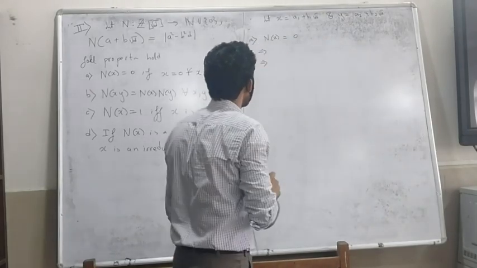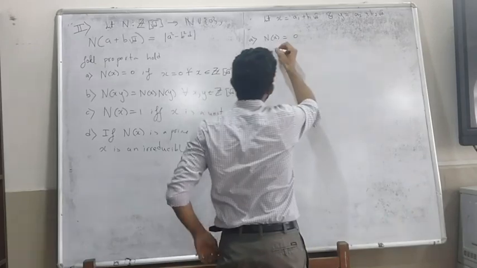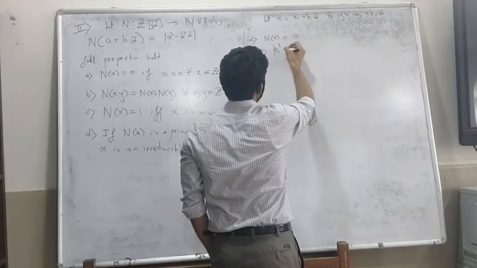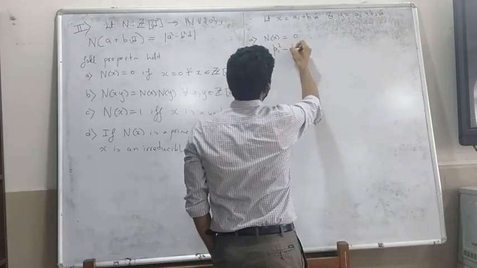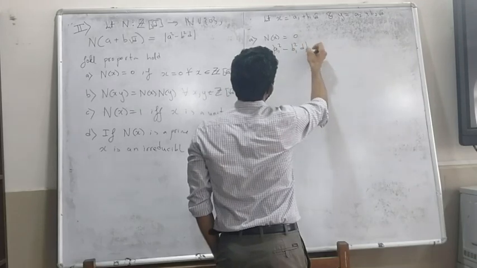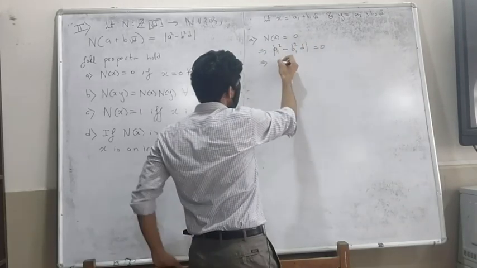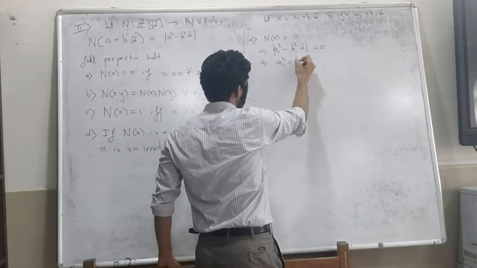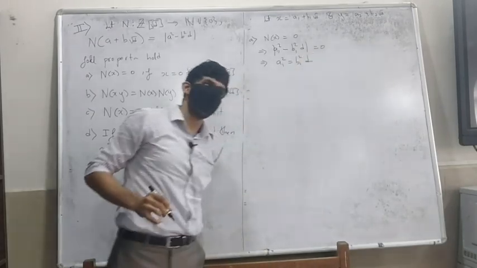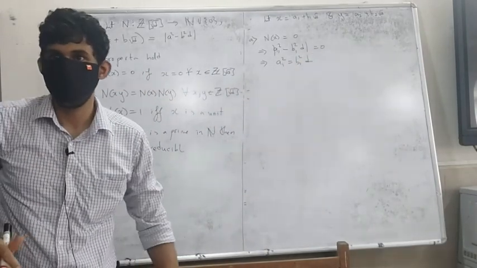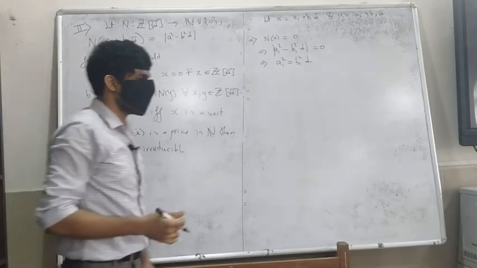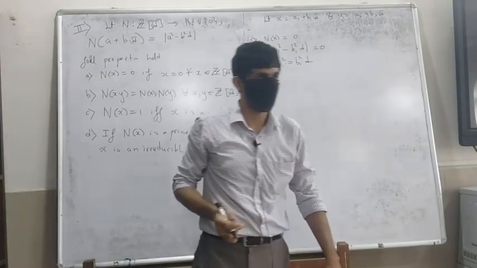So N of x is 0 means a1 squared minus b1 squared d is 0, which means that a1 squared is b1 squared d. Can anyone see any problem in this? Is this possible?